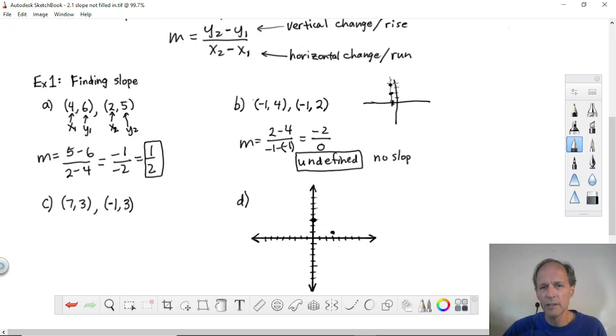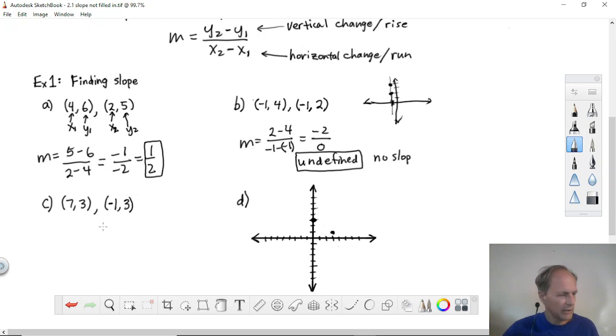If we were to draw the line, it's just straight up and down, right? So that's what it looks like when you have the situation of an undefined slope. Okay, but for calculation purposes, it came out like this. Even if we don't draw the picture, we know it's undefined.